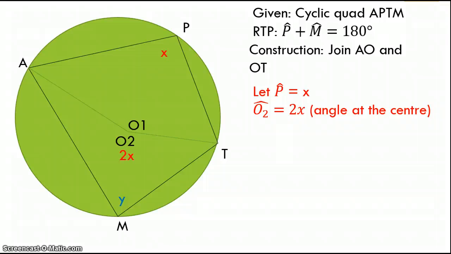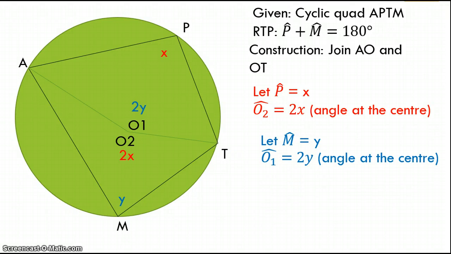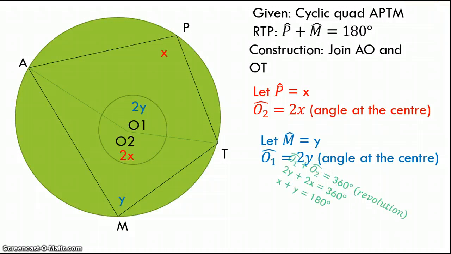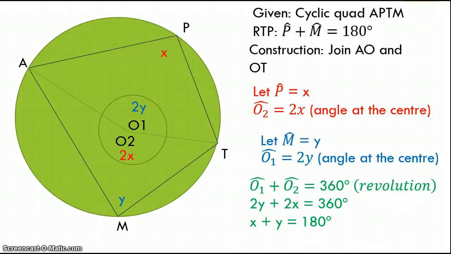Similarly, if I were to label M, Y, then O1 is 2Y. And on the right-hand side, you can see there how we'd write it formally. If you look at these two angles in the middle, you will notice that 2X and 2Y are around the point O, making a revolution.